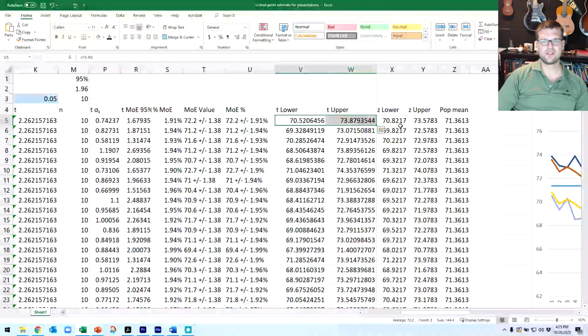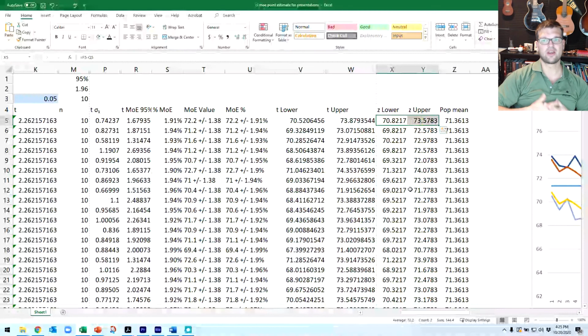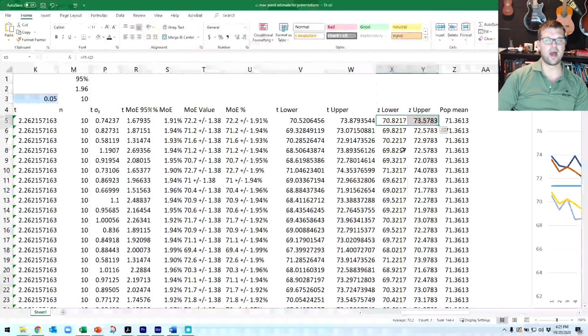And so this is what the confidence interval would look like when using the sample, and this is what the confidence interval limits would look like when we're using the population standard deviation. And notice that this is wider than this. It's not always going to be wider. Sometimes it's going to be narrower.